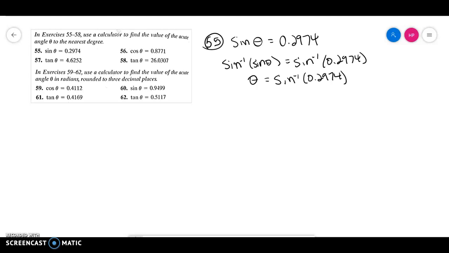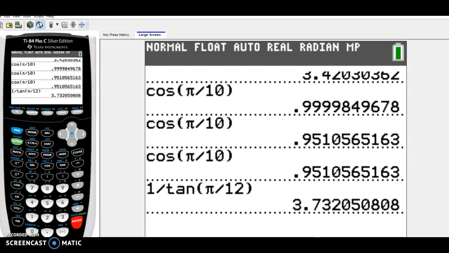So for all 8 of these, you have to pay attention to whether you're in degrees or radians, and then you just key it into your calculator. So I am in the wrong mode now, but just to show you again, second sine gives me the sine inverse. All I do is type in my 0.2974.